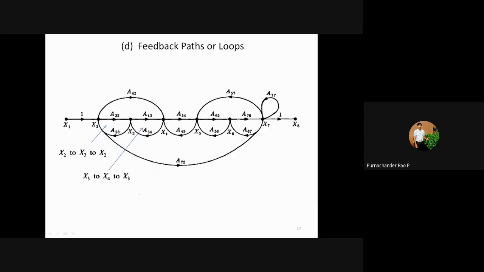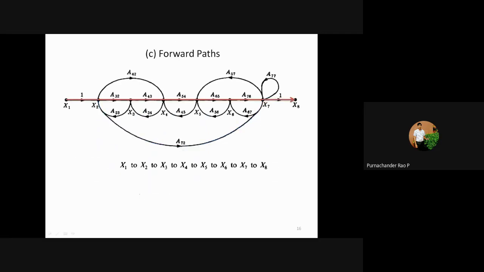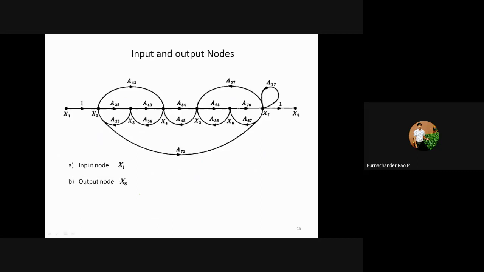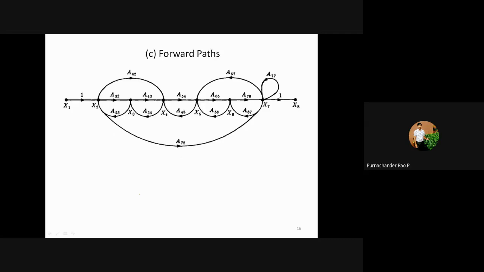Okay, so for this problem, if you observe, the input node is x1 and the output node is x8, and next, the forward paths. The first forward path is from x1 to x8, and the second forward path is from x1, x2, and x7 and x8.